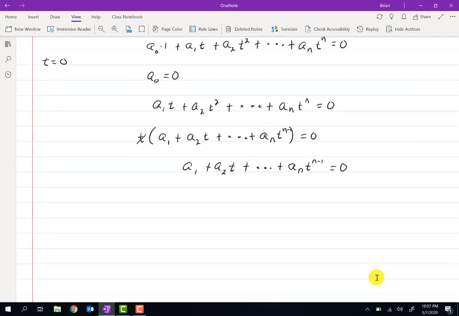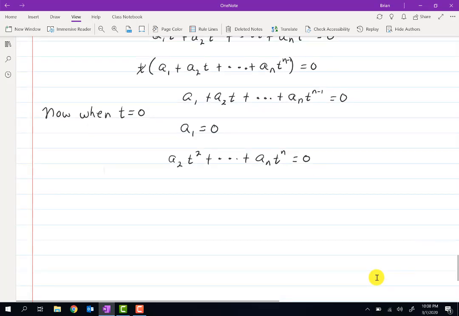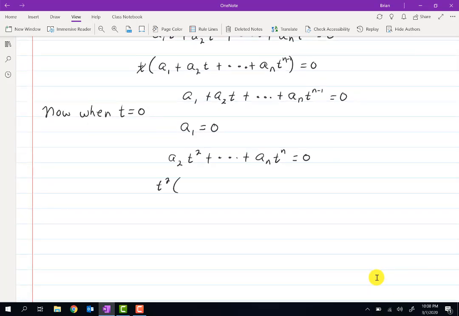It wasn't 0 before, but now when t equals 0, we get a1 equals 0. So we have a2t squared plus up to an t to the n is equal to 0. As you can imagine, I'm going to factor out t squared this time and continue this game. You might remember a game similar to this when you were doing partial fractions, I believe. So I can divide by t squared, where t is not equal to 0, but then I can plug in t equal to 0 after that.